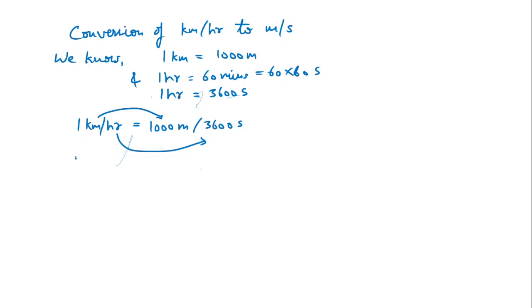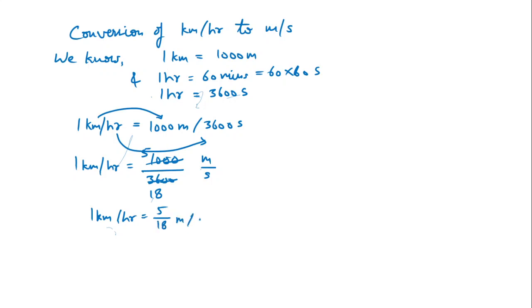So 1 kilometer per hour is equal to 1000 divided by 3600 meter per second. Now these two zeros can be cancelled out, and it can be cancelled out 5 times, and this will go 18. So 1 kilometer per hour is equal to 5 by 18 meter per second.